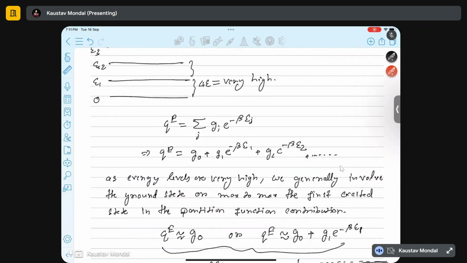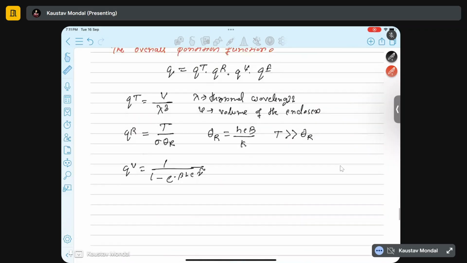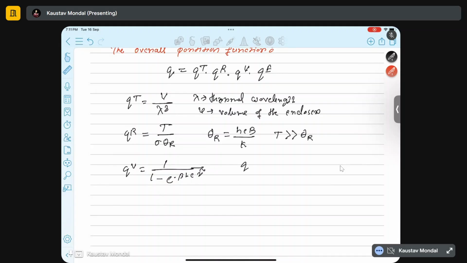We can simply take q_el as just the degeneracy of the ground state, for a wide range of temperature. Unless the temperature is very high, the electronic state simply remains in the ground state only, right? So q_el you can simply write equal to the degeneracy of the ground state, represented by g0.